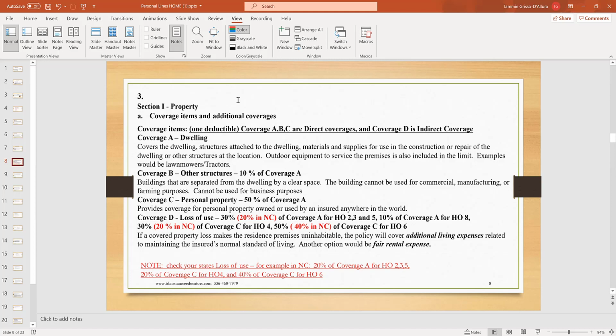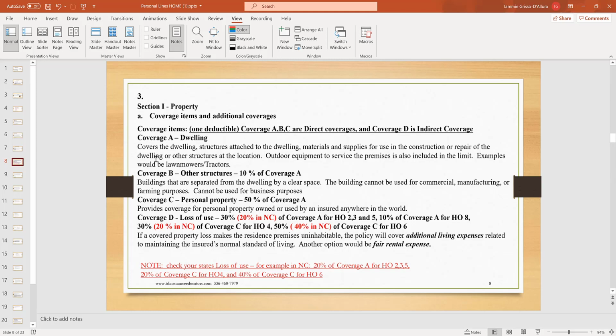So if there is a fire and it damages the home itself and some other structures and some personal property, then there will only be one deductible. In other words, the insured will only have to pay out, for example, $1,000 for that loss. They're not going to apply a deductible for dwelling, other structures, and then another one for personal property. So there is one deductible.